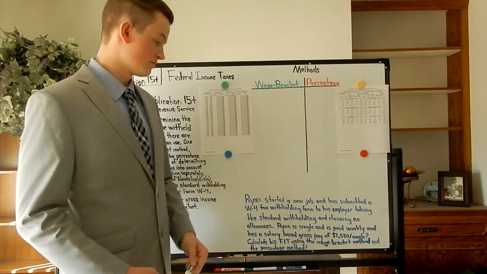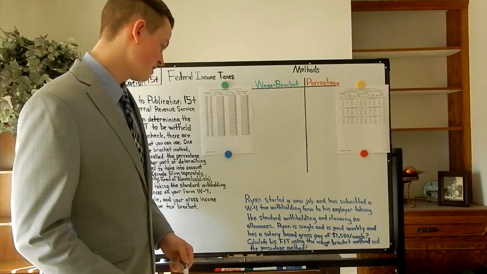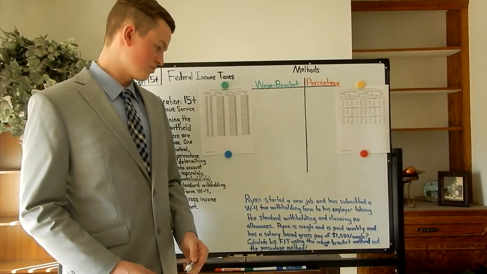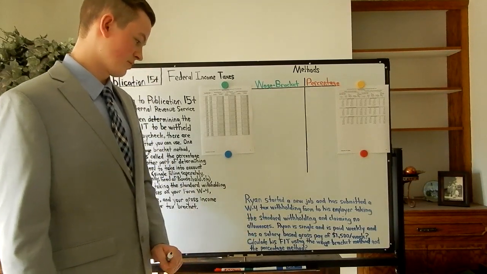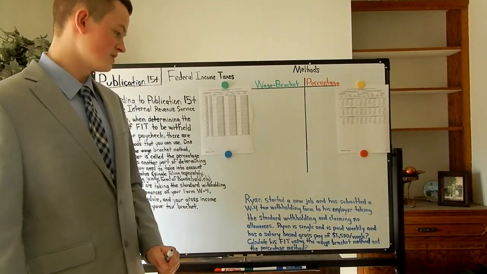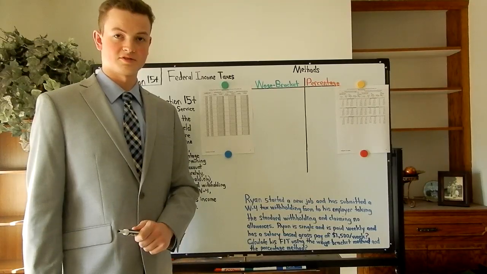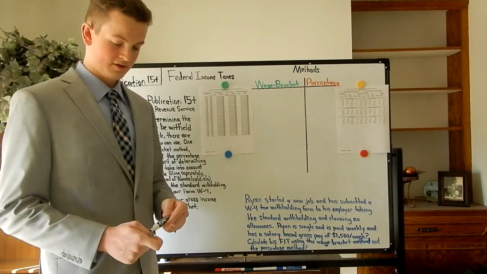Ryan is single and is paid weekly and has a salary-based gross pay of $1,500 per week. Calculate his FIT using the wage bracket method and the percentage method. So in this video, I will be describing both of them.